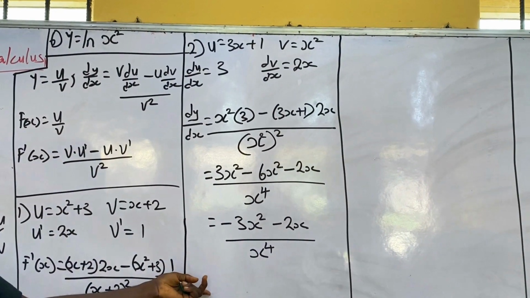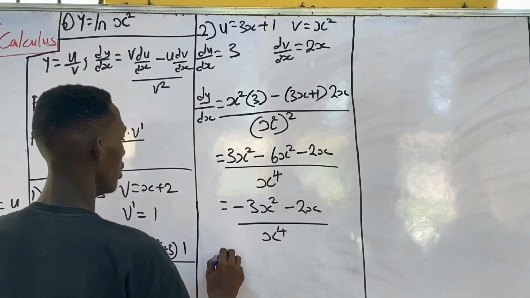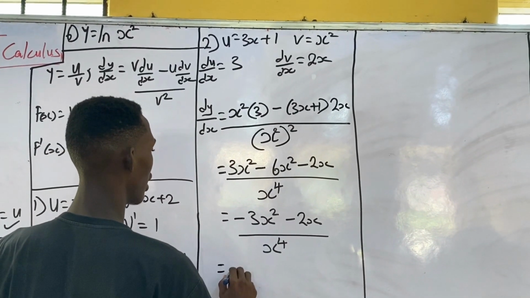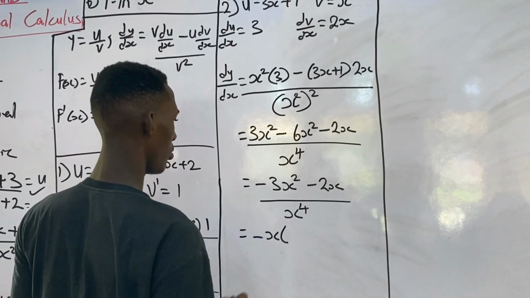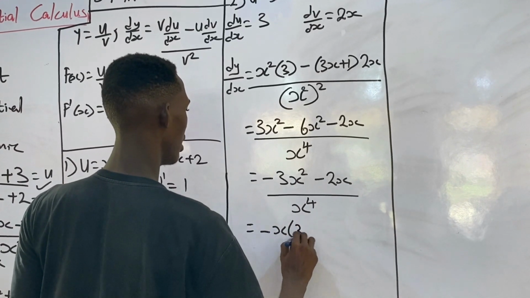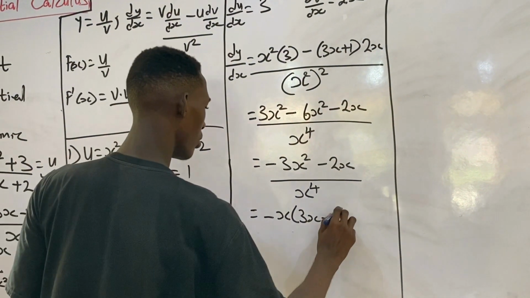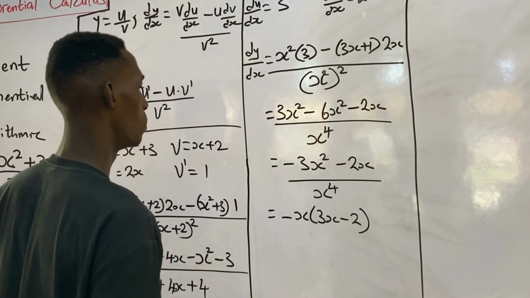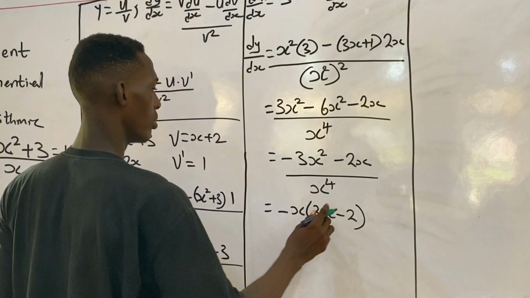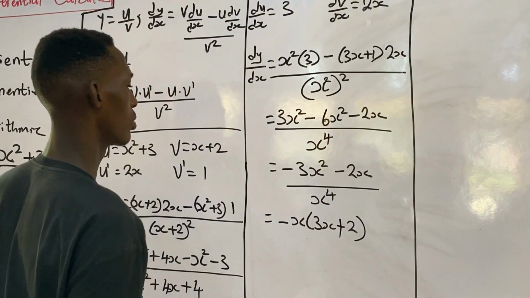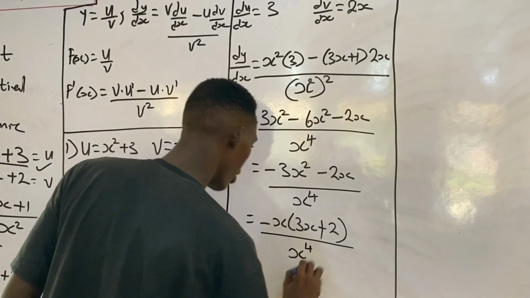Now, you can still go ahead and factorize again and divide some things. So this is equal to, let's assume x is common, 3x minus 2... plus 2 over x to the power of 4.